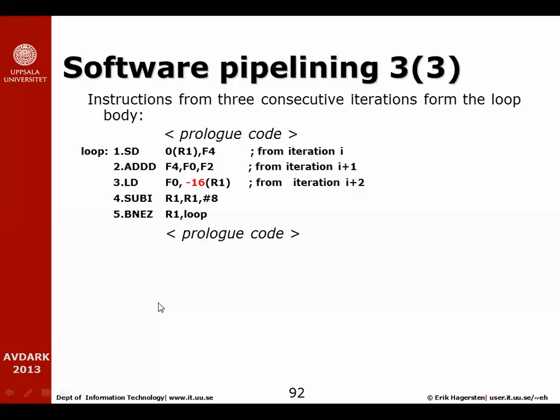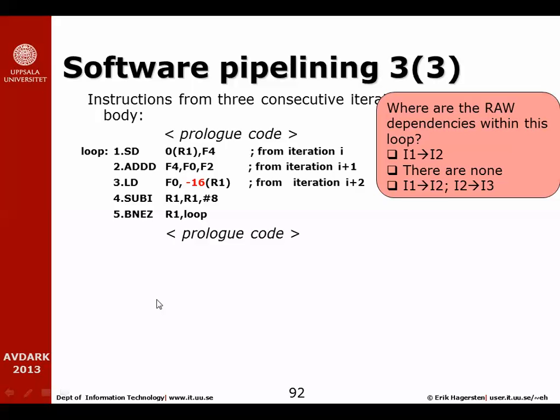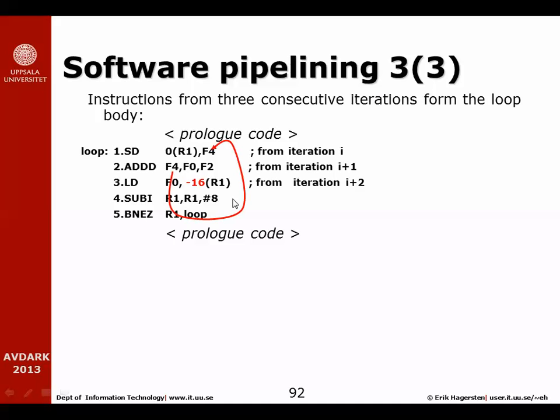So an interesting question here, staring at this code, is where are the read after write dependencies now within this loop? Maybe a little counterintuitive when you stare at this code, but it turns out that there's one dependence from instruction 2, but that dependence goes to the very next iteration of the loop.